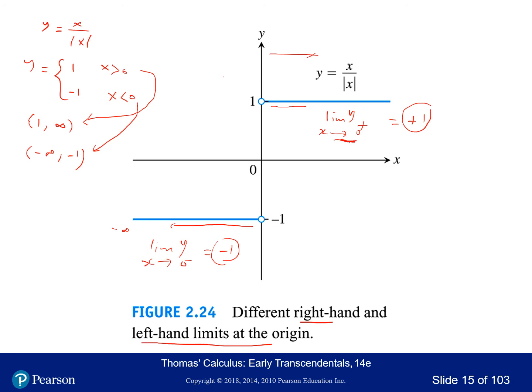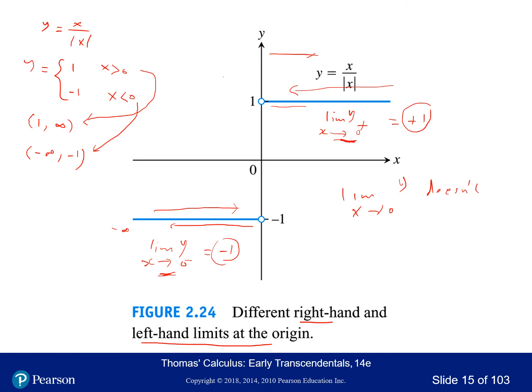So the limit as x approaches 0, coming from the right, and here coming from the left. And that tells us that the limit as x goes to 0 in general of y does not exist.